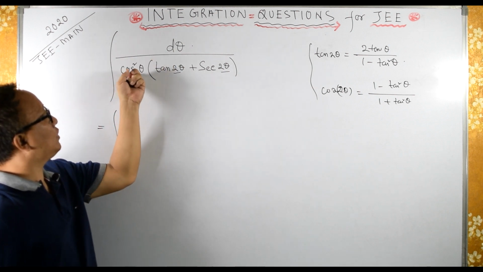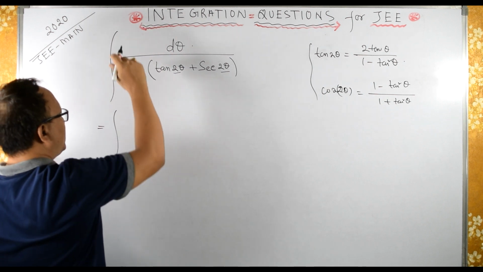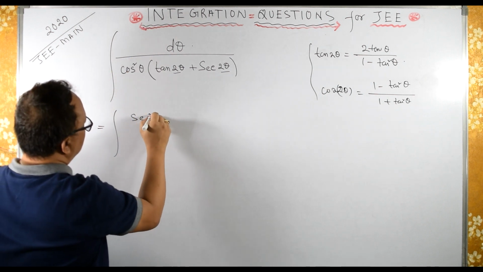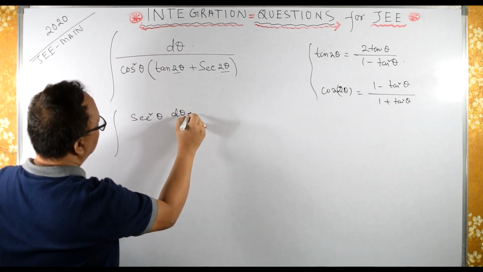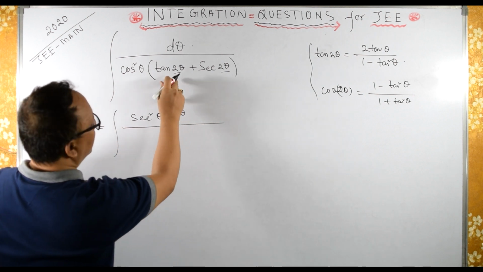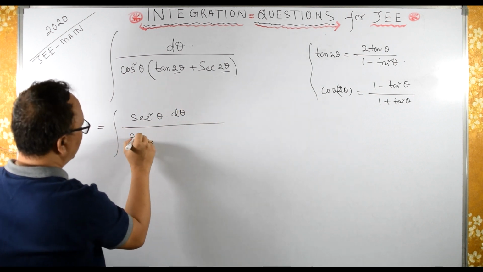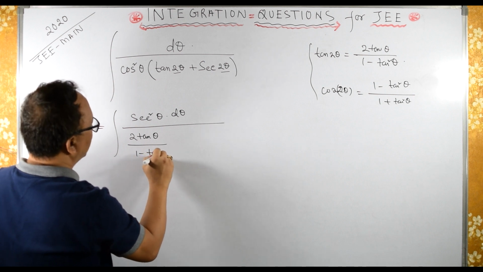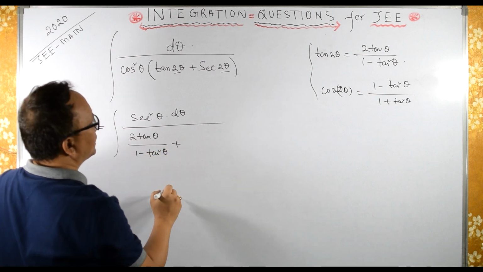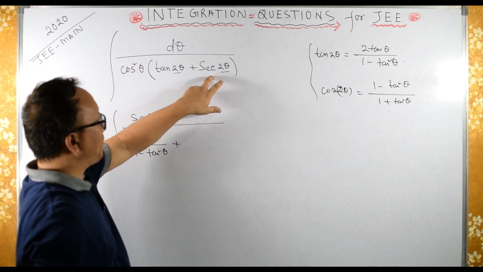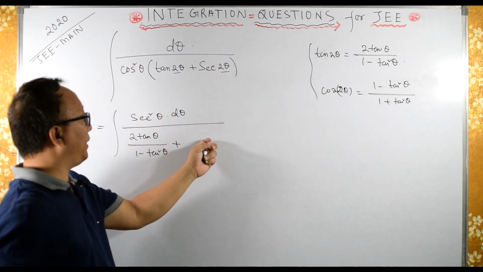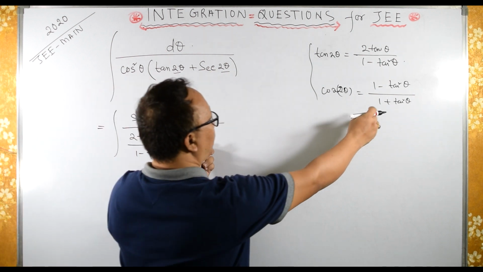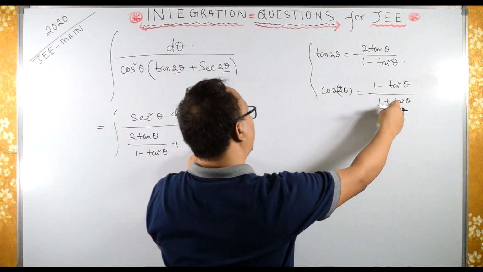So what I'm going to do is convert everything into tan. So 1 by cos becomes sec, so I'll bring this up: sec square theta d theta upon, tan 2 theta is 2 tan theta upon 1 minus tan square theta, plus here, sec is 1 by cos, we have cos as this, so we'll be doing the reverse.